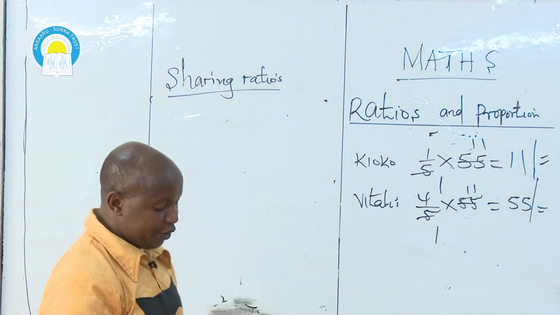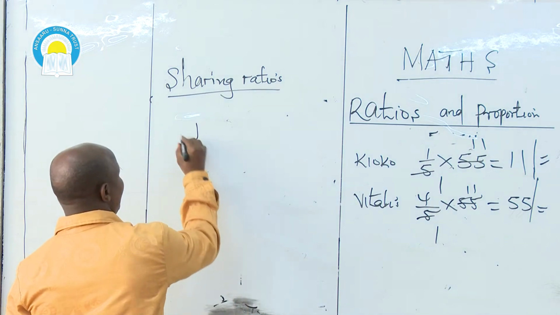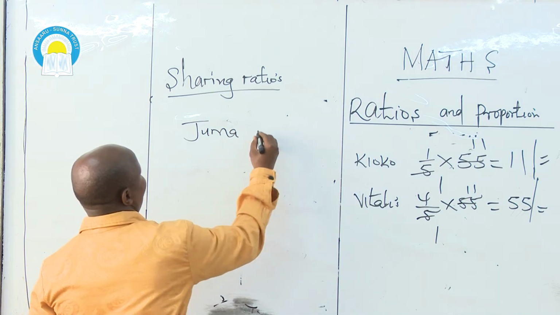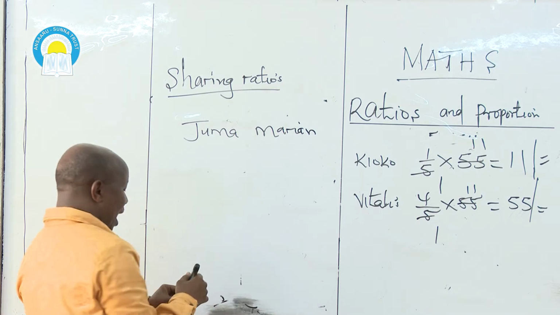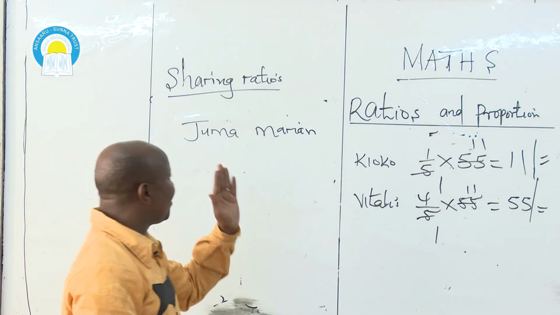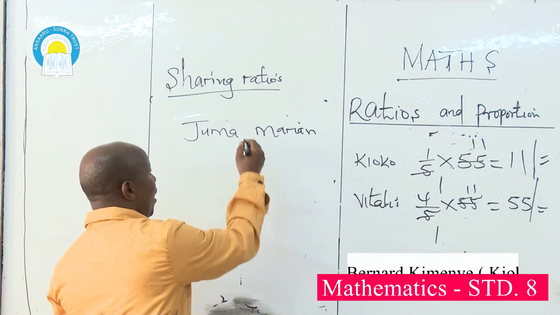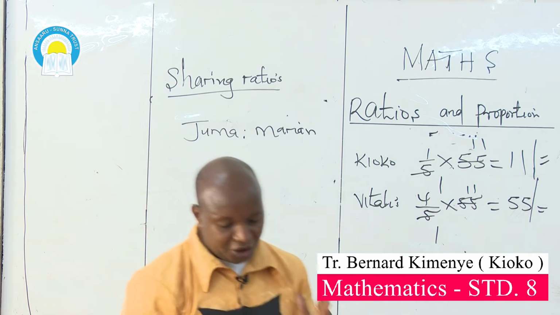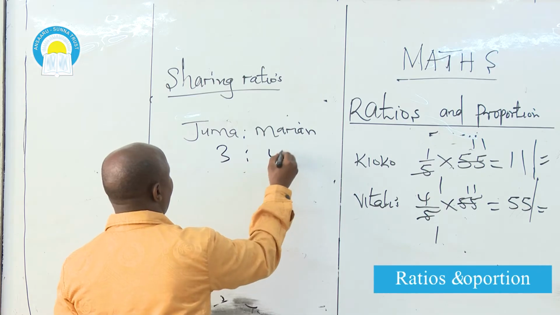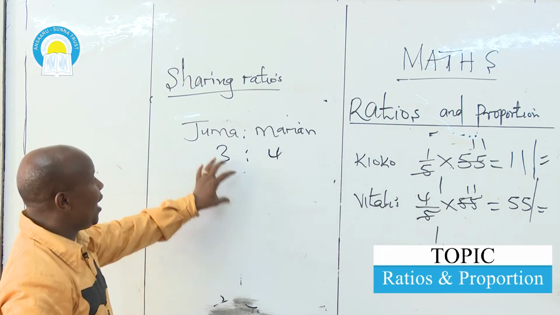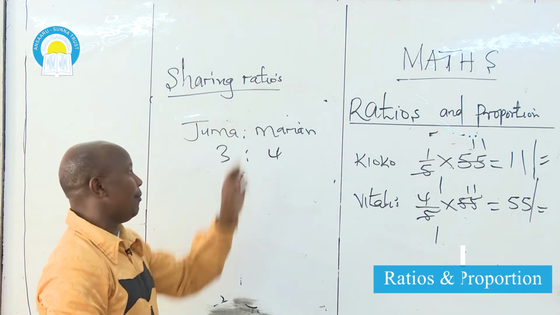So now here we have Juma and Marian. Just to emphasize what I've said, if I start with Juma, that means the first ratio is for Juma and the other one is for Marian. So they are sharing 350 in the ratio 3:4. So that means now 3 is for Juma and 4 is for Marian.